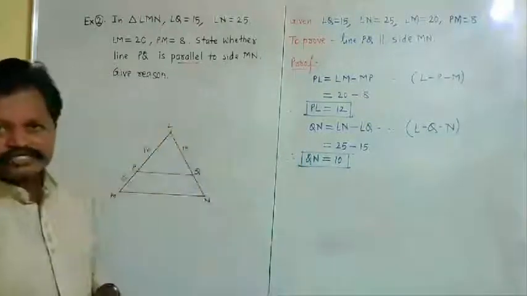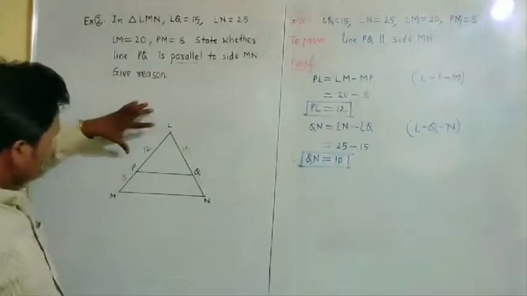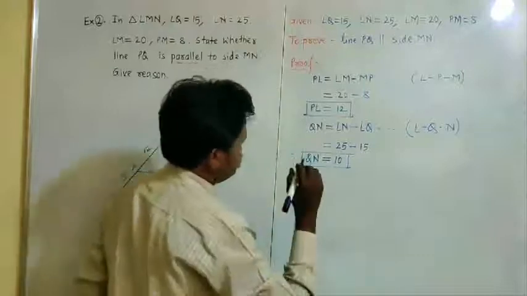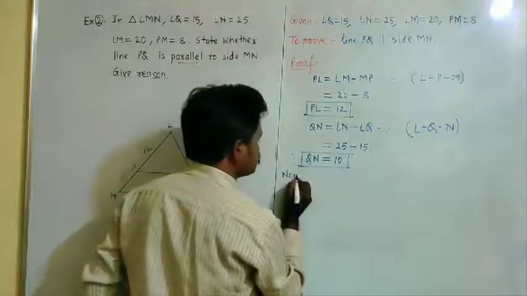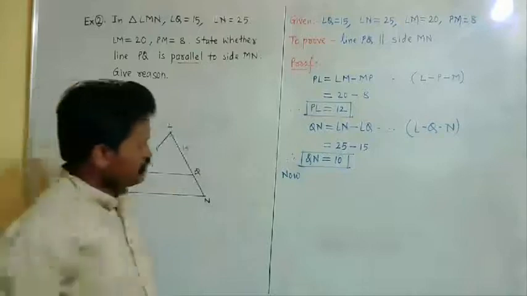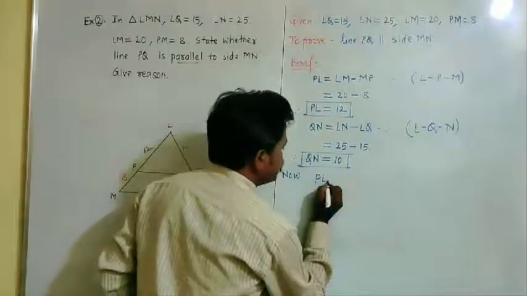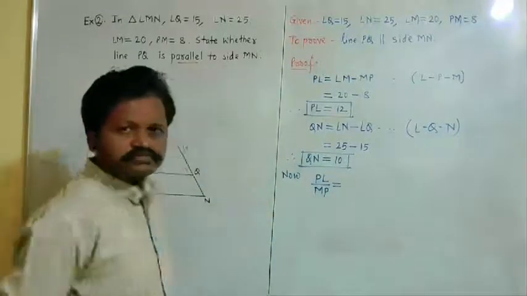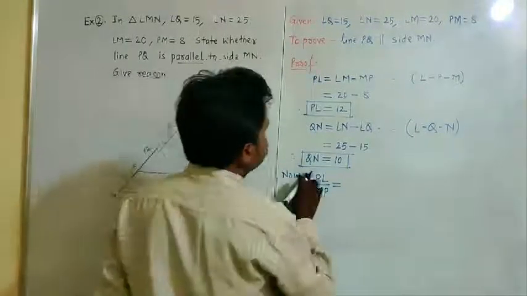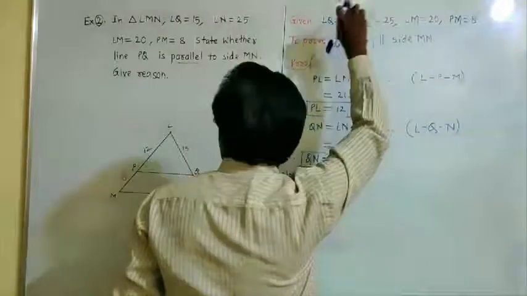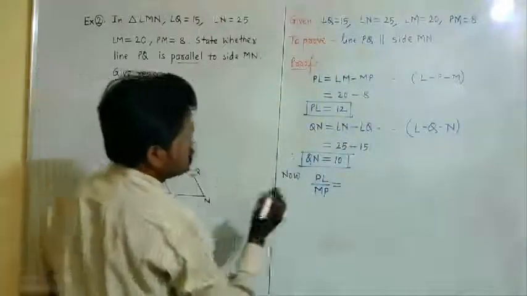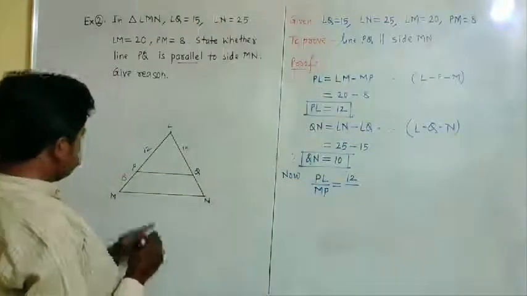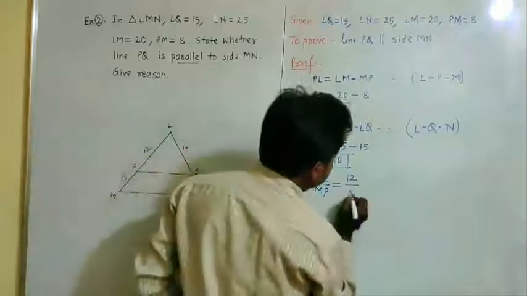Now we want the ratios. First ratio PL upon MP. PL upon MP is equal to the value of PL, which is 12, upon MP, which is 8.